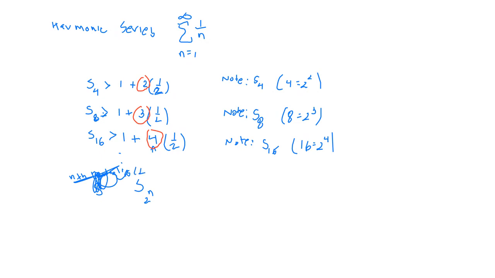This is the 2 to the nth power partial sum. What's the 2 to the nth power partial sum going to be greater than?